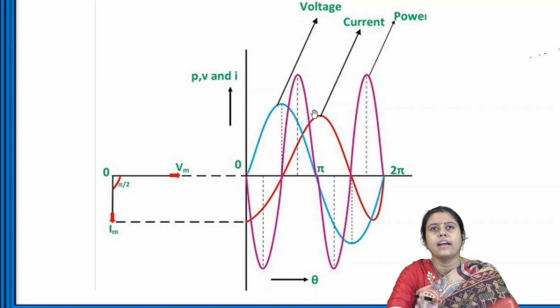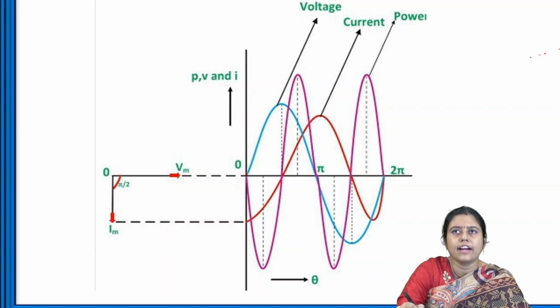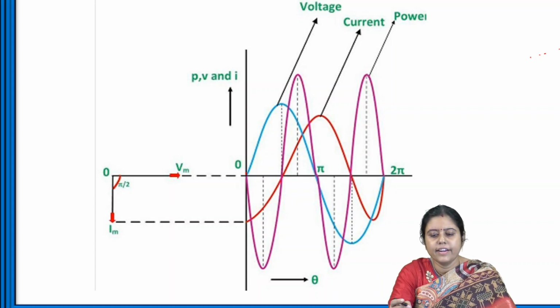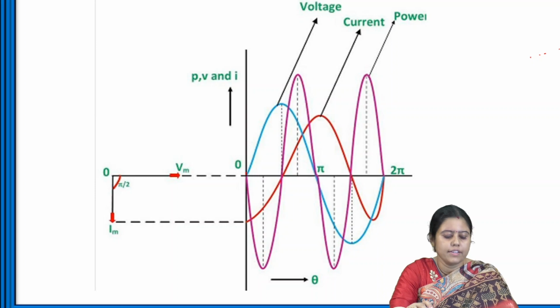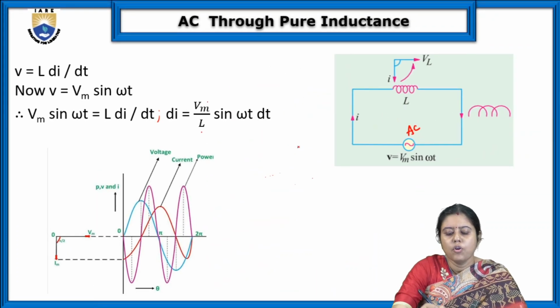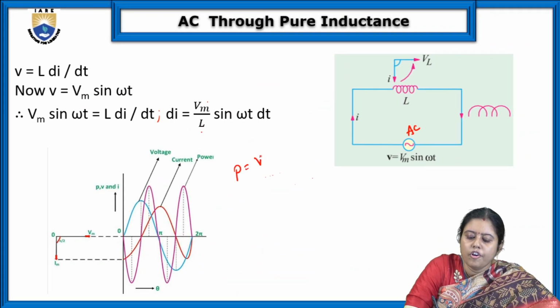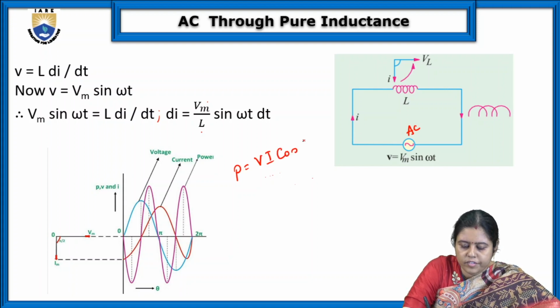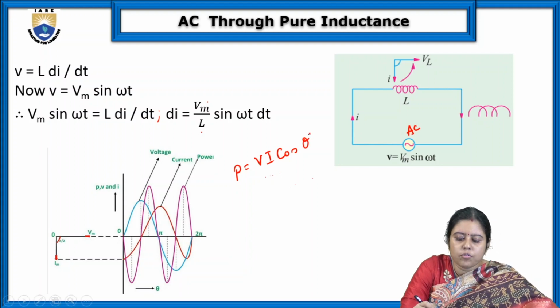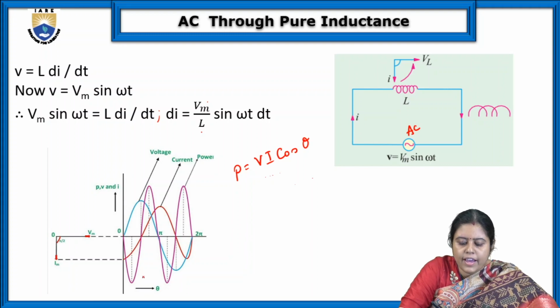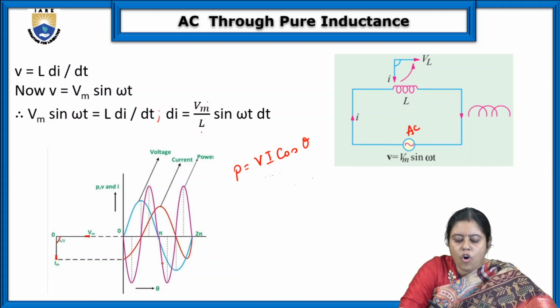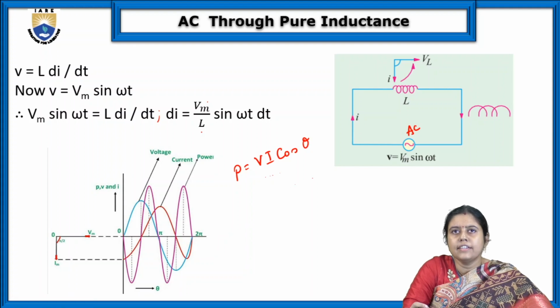So we can think that the current is lagging the voltage by 90 degrees. Now what is power? We know power is equal to VI cos theta. If we calculate the power, you can see it goes in the opposite direction. It depends on the angle between the voltage and current.